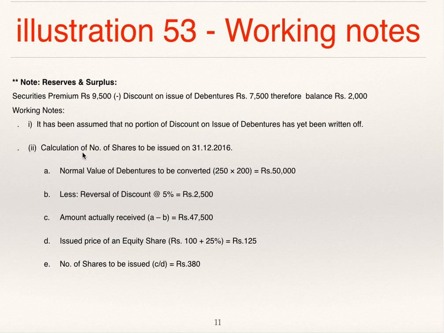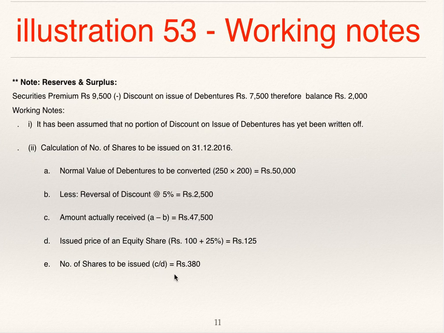See the working note. Nominal value of debentures to be converted, 250 into 200, is 50,000. Reversal of discount 2,500. Amount actually received on these 250 debentures is 47,500. Issue price of equity shares is 100 plus 25, which is 125.